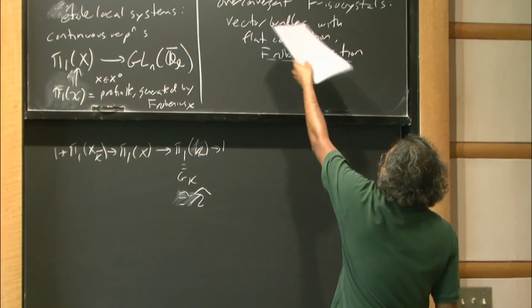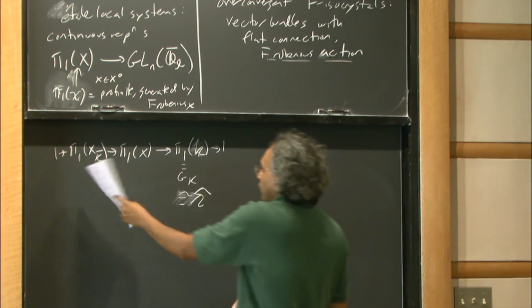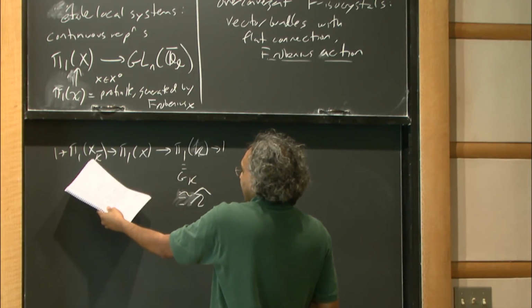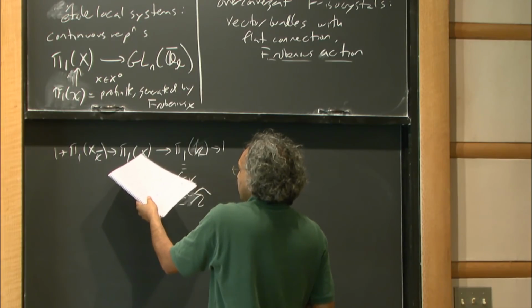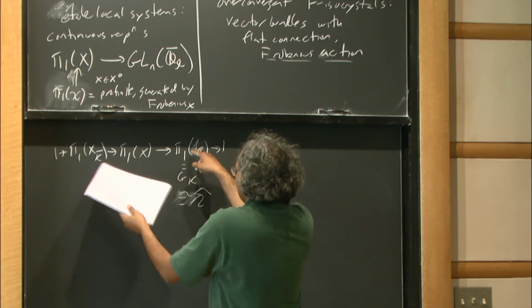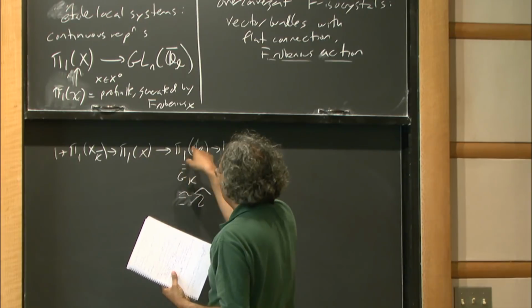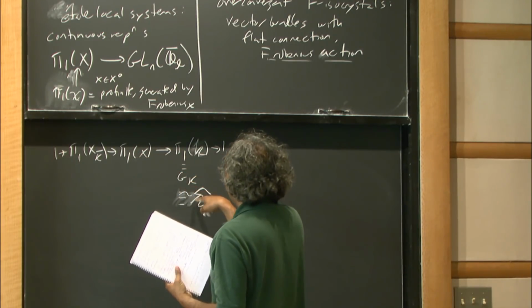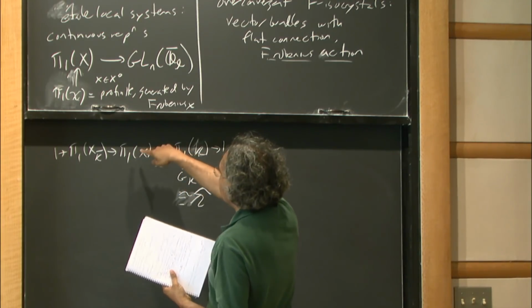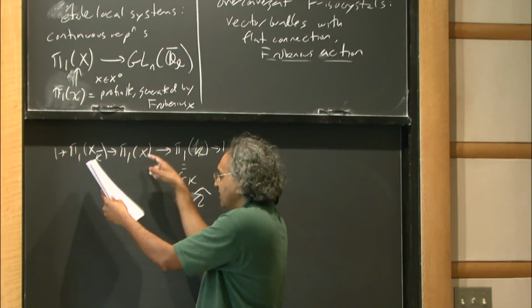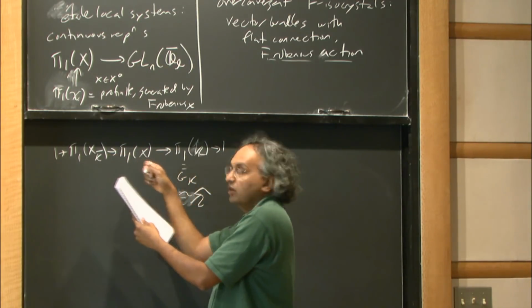So vector bundles with flat connection are like representations of this group. And then in order to promote them to representations of this, I need an action of a section of this. I take an element in here which acts like this. I need that to act, but I need this to be compatible so I'm getting the right extension.